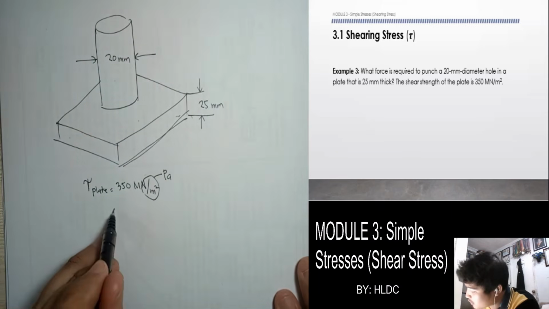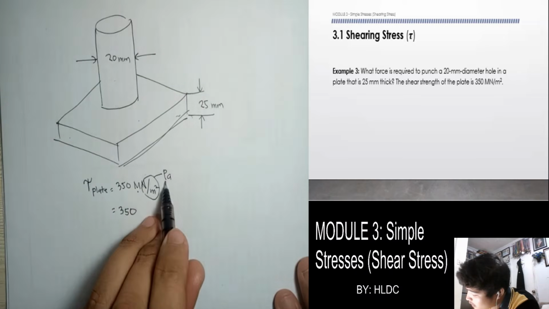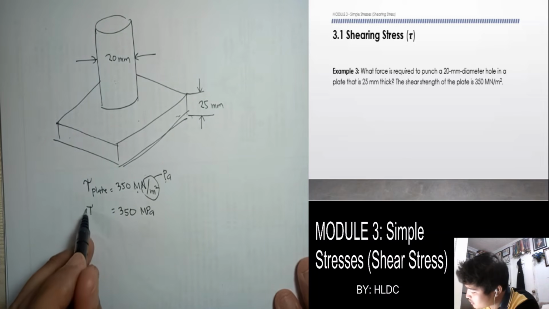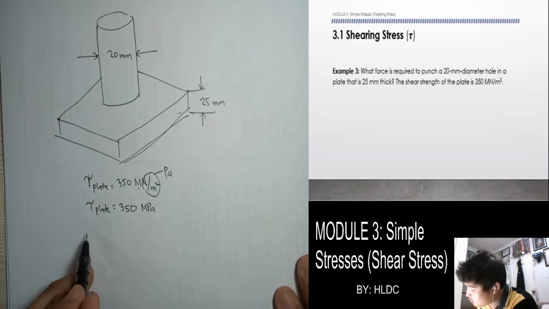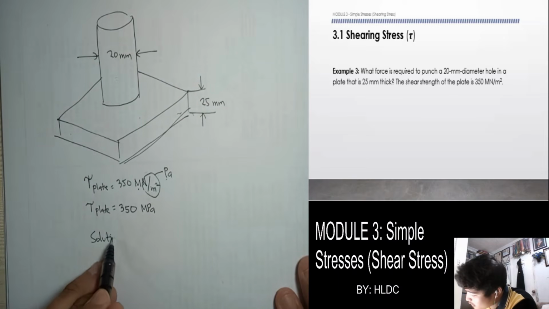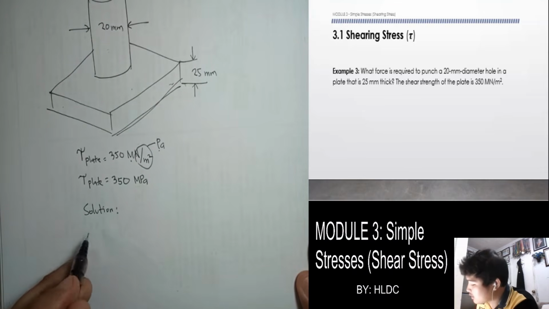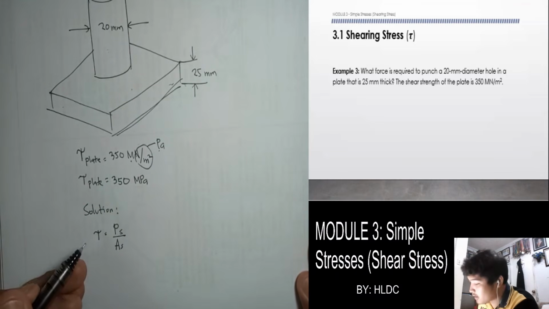So ibig sabihin, pwede ko rin itong i-write as 350 mega Pascal. Okay, so yun. Tau plate. So para makuha yung P, simple lang. So solution, edi yung formula lang ng shear stress, no? That tau is equal sa the shearing force over the sheared area.